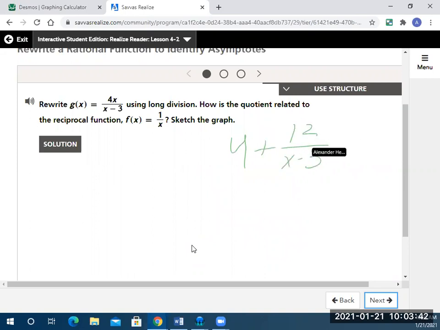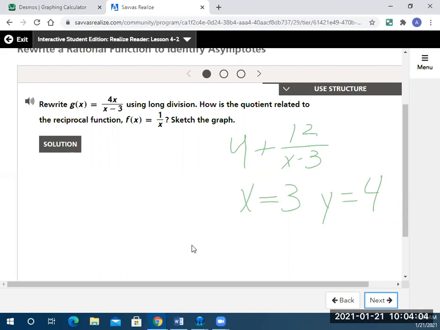What are the asymptotes? Those are the asymptotes. How does this function shift from the parent function? Right 3, up 4, right? Does everyone see that?